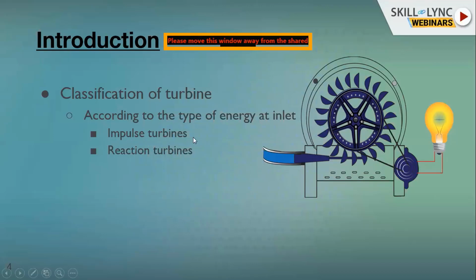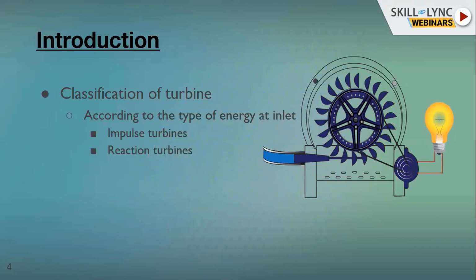As per this classification, only kinetic energy is involved in such a turbine. For those who don't know, kinetic energy is energy in motion, and the best example is free falling water, for example from a mountain or a dam. Free falling water possesses kinetic energy.